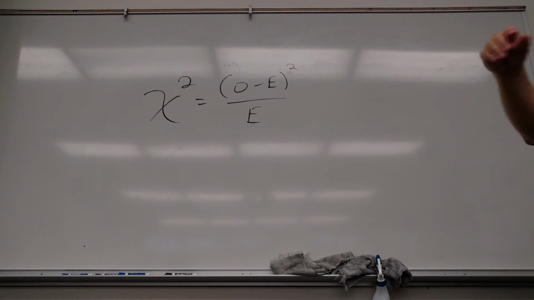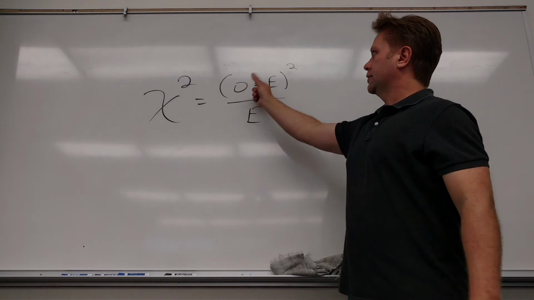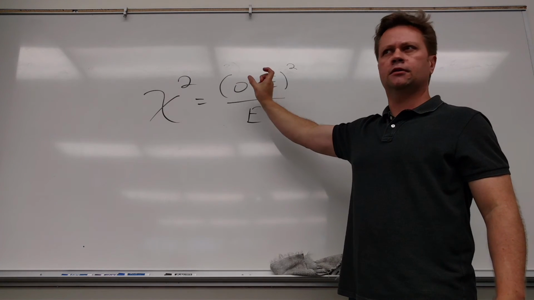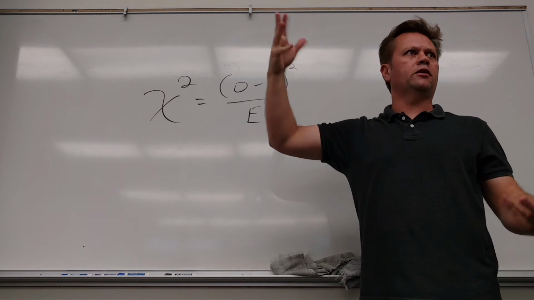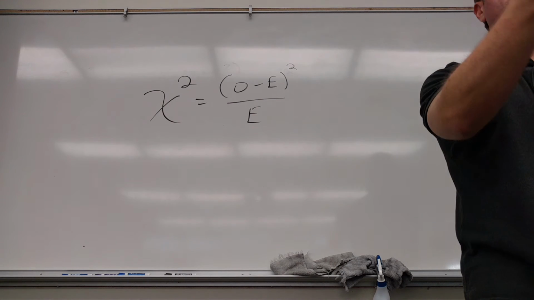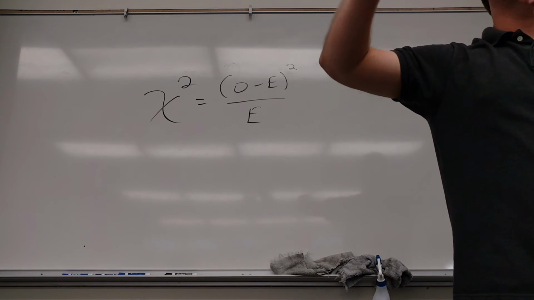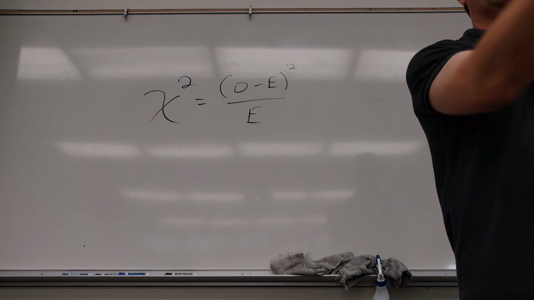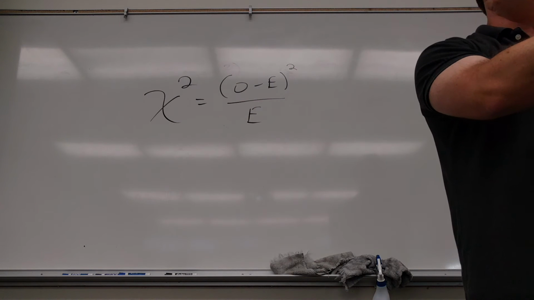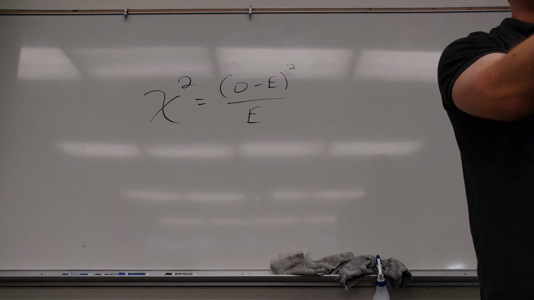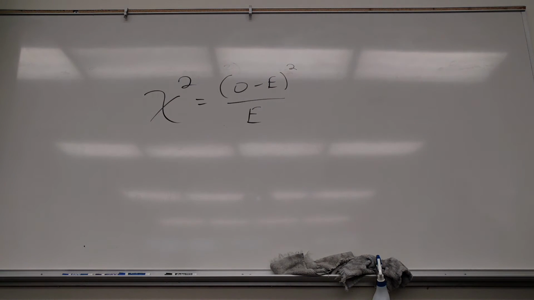That part doesn't matter. Since we're squaring, it doesn't matter which way this is. You'll square the negative away. But good point. When you square a difference, it doesn't matter which way you put them. If you don't like that, you can put them the right way, and you'll get the same thing I'm about to get.